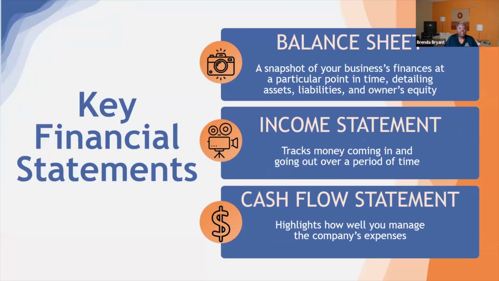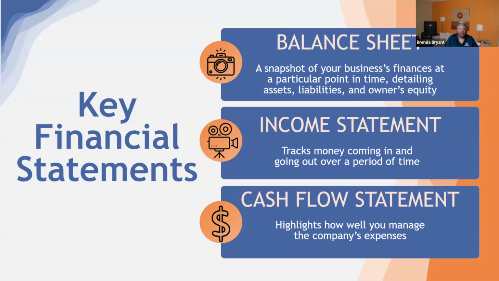So some of the key financial statements that you will hear talked about are a balance sheet, an income statement, and a cash flow statement. Your accountant will be using this information to put together how your business looks from a financial standpoint.